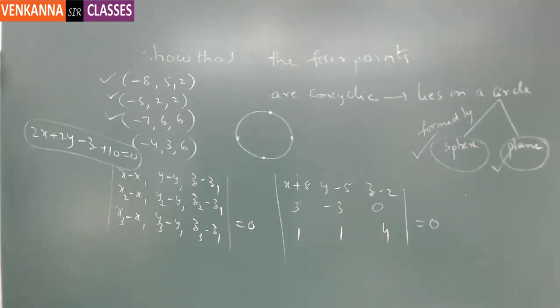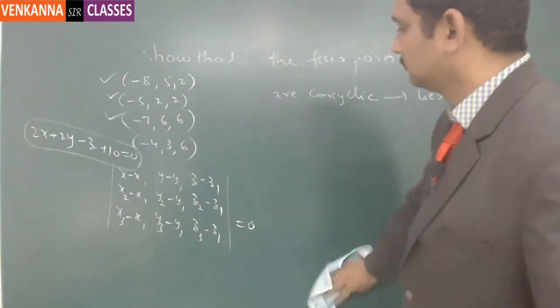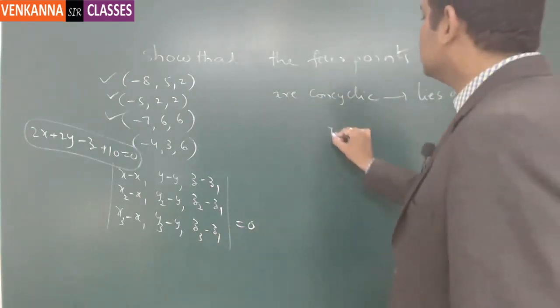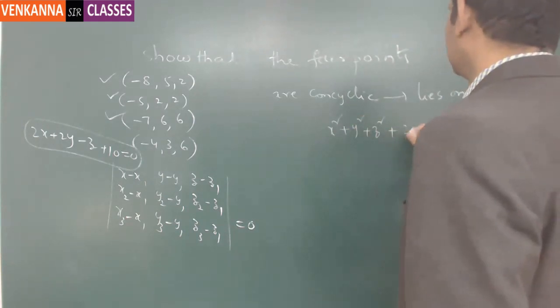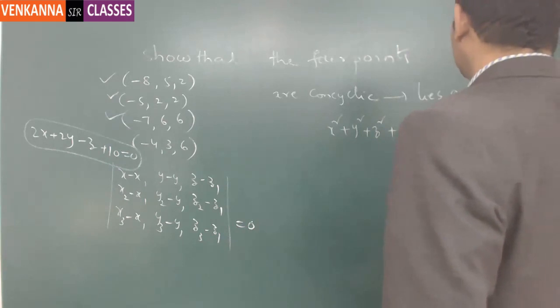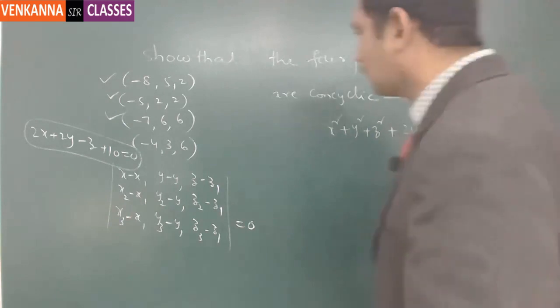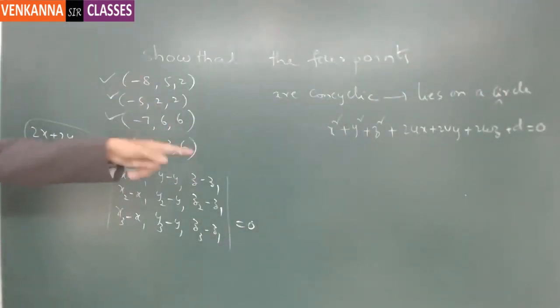Now, to determine the sphere equation, here we can follow two methods. The first method is to consider the general equation of the sphere. Now you substitute the 4 points one after the other here.